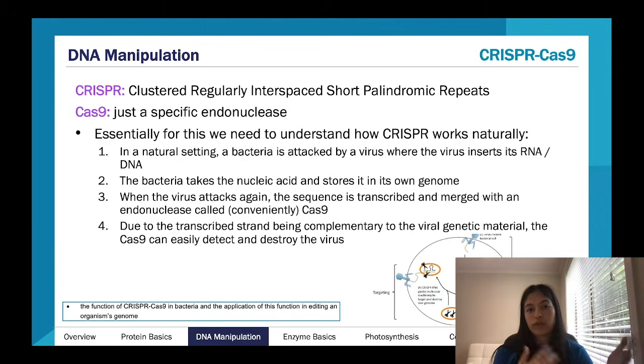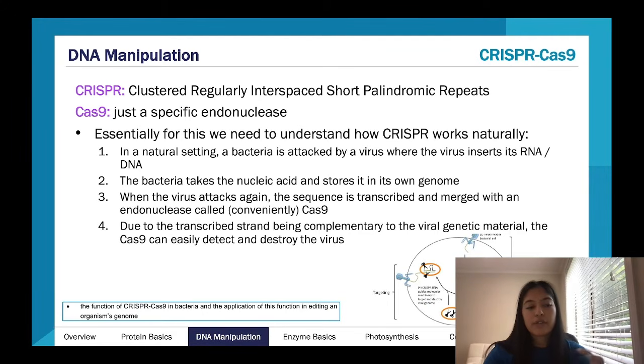The virus cannot replicate. That's how it's a bit of an immune system, if that makes sense. Cas9 detects that because the DNA is complementary, and then it just cuts that. So you can see the virus can't attack the cell anymore. That's how it works naturally in bacteria.